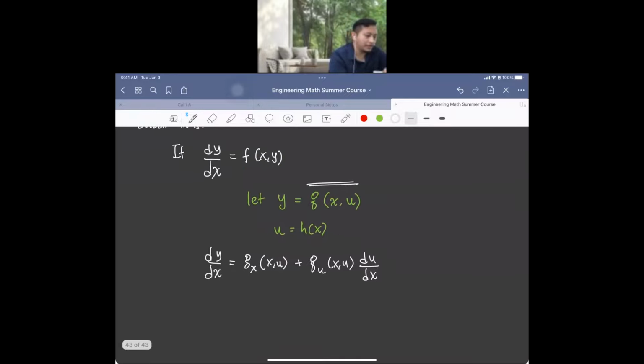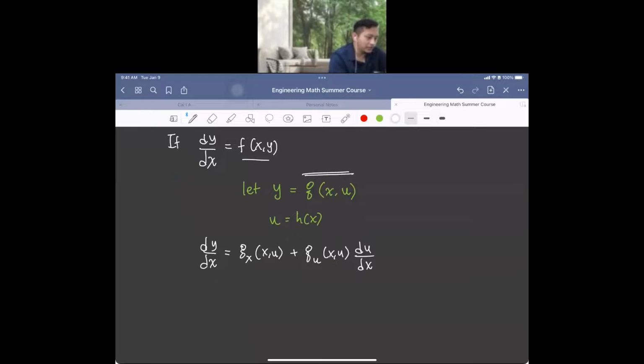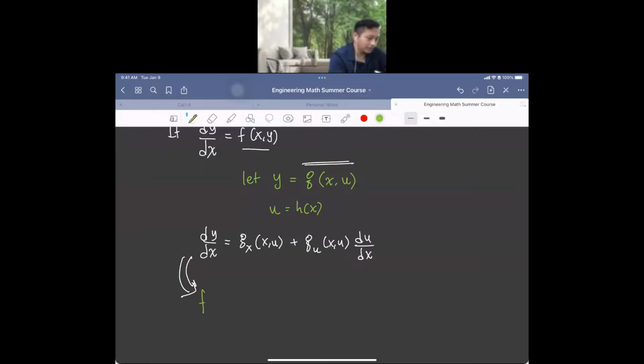And since we have these connections, we can exchange dy dx, since dy dx is f of x, y, and y itself is g, so we can change that as well. So f of x and g of x, u equals g partial x plus g partial u times du dx.